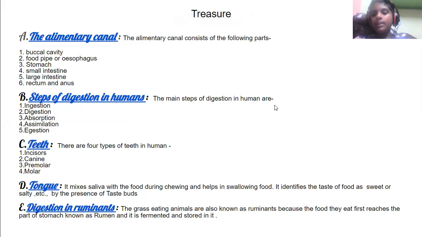It identifies the taste of food as sweet or salty or sour or bitter, etc., by the presence of taste buds. So, there are taste buds inside our tongue.